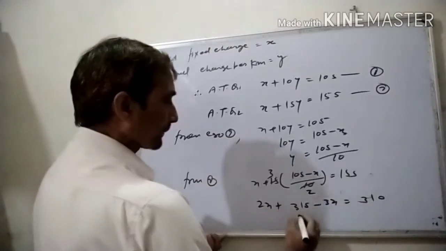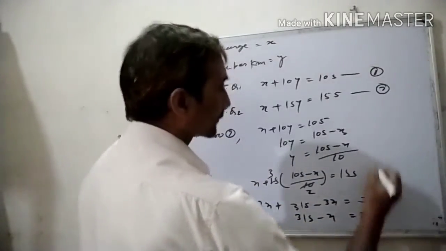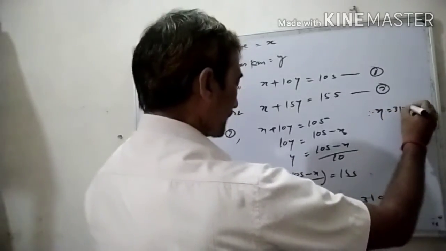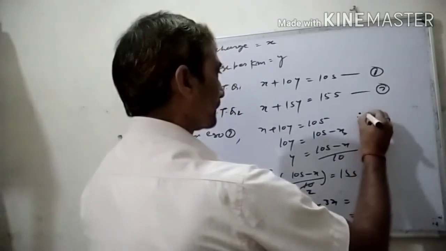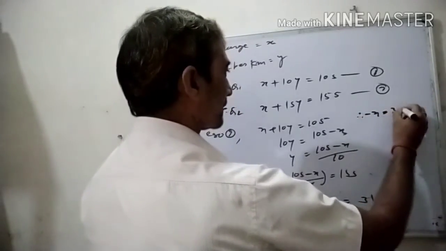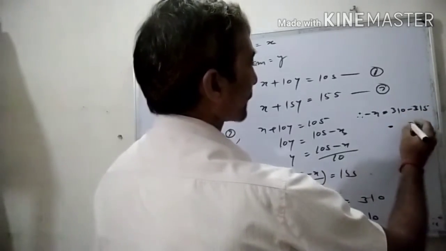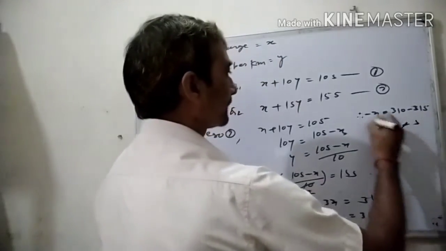Now minus 3X plus 2X, 315 minus X is equal to 310. Therefore minus X is equal to 310 minus 315, therefore minus X is minus 5.